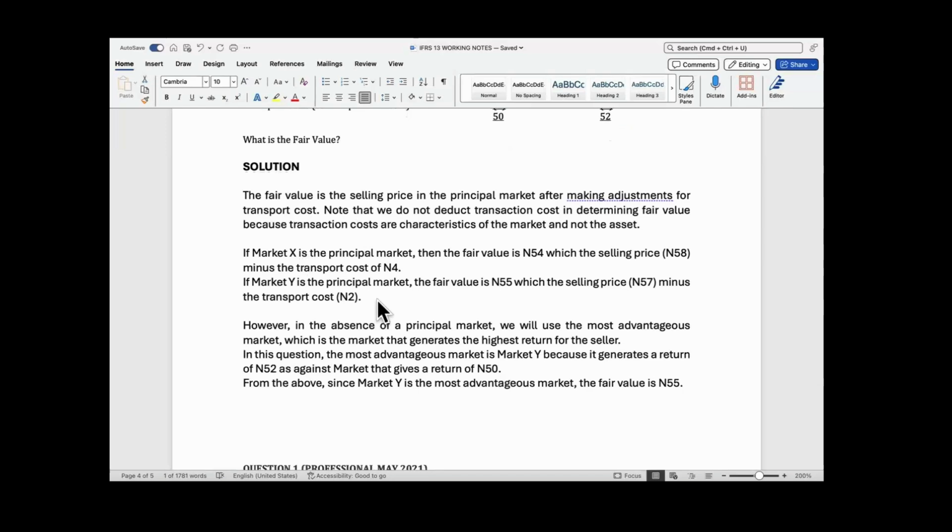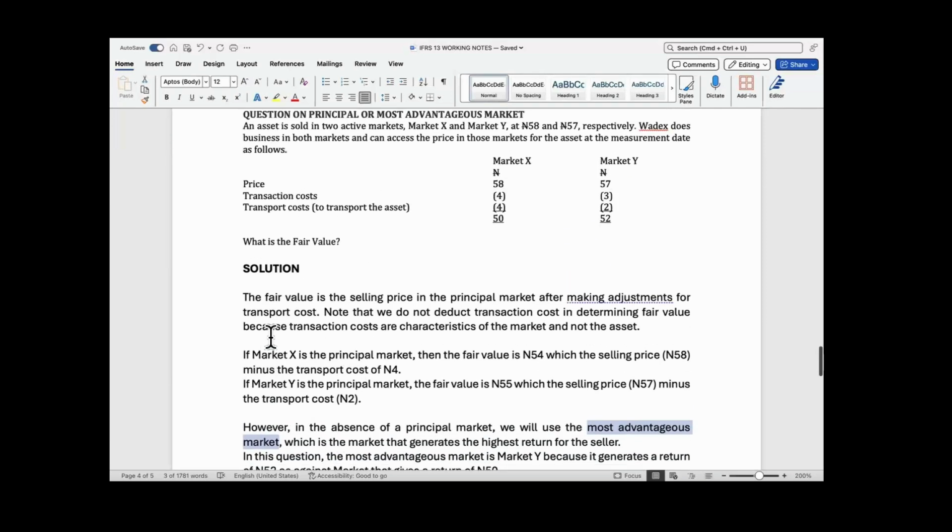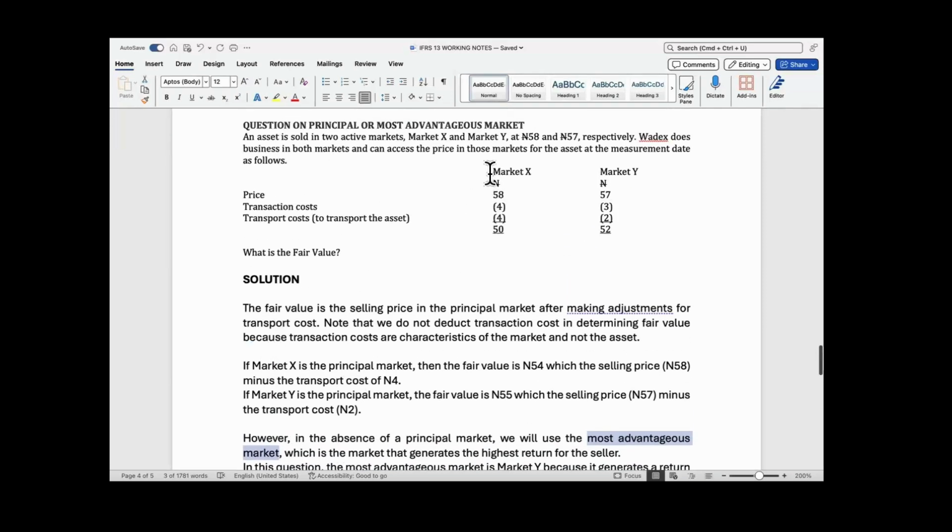So in that case, we will need to choose one of the markets. And what would help us is knowing which is the most advantageous market. From the name, you're looking at the market where, by the time you remove all your costs, you're making more money. Apparently from here, for market X, when he removes his transaction cost, it is at 50 naira, and in market Y it is at 52 naira.